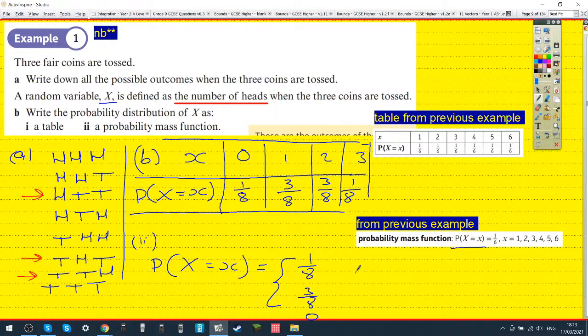For an eighth, what values of x have probability of an eighth? 0 and 3. And what values of x have probability of 3/8? 1 and 2.